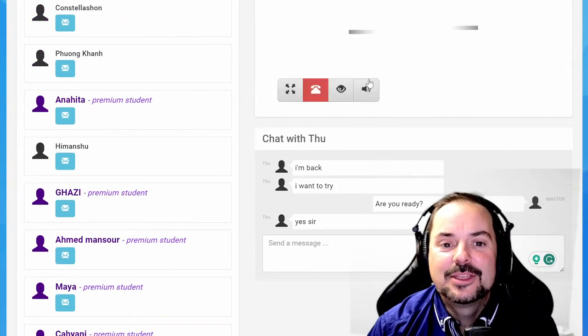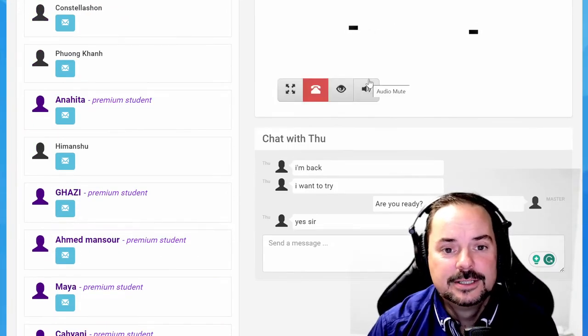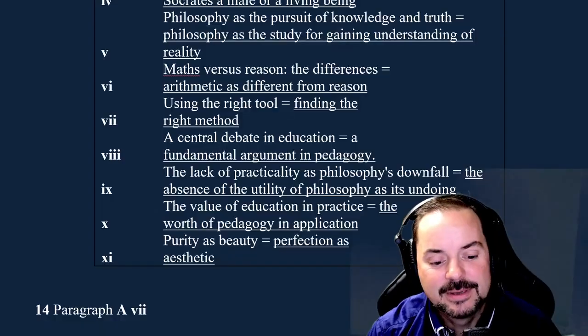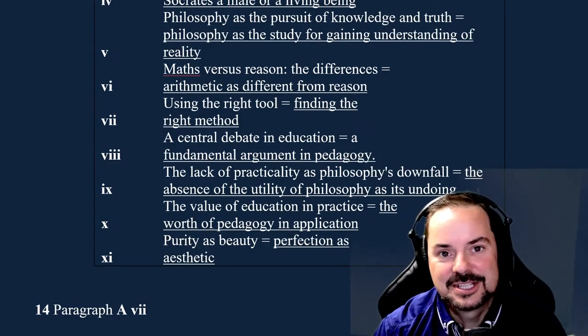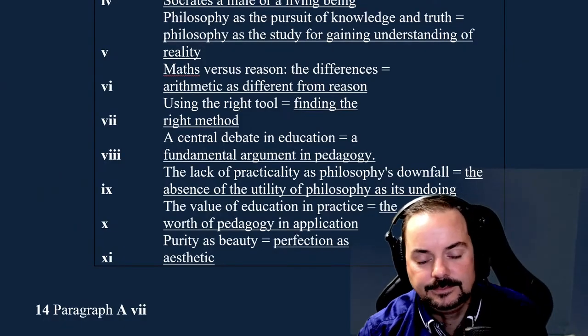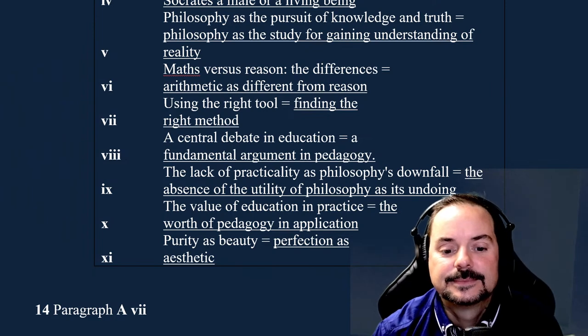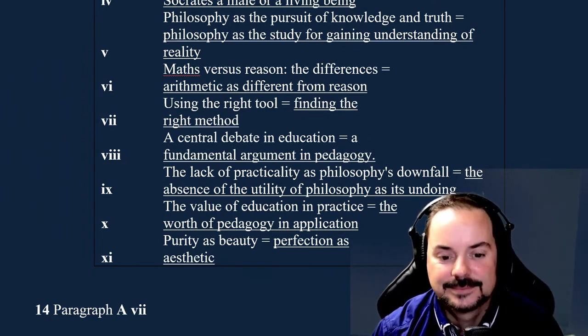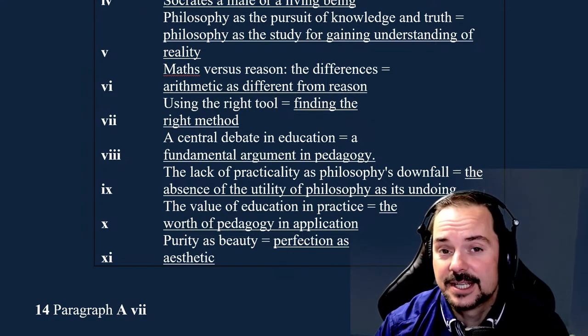Thu, can you tell us where you are? I'm guessing you're in Vietnam. Yeah, I was going to say, I'm guessing you're from Vietnam. What part of Vietnam? In the north, in the north of Vietnam. In the north part. May I ask which city?